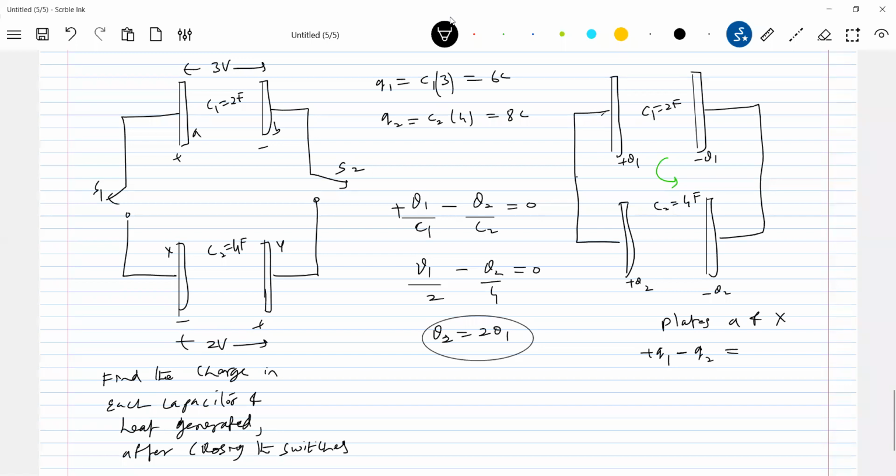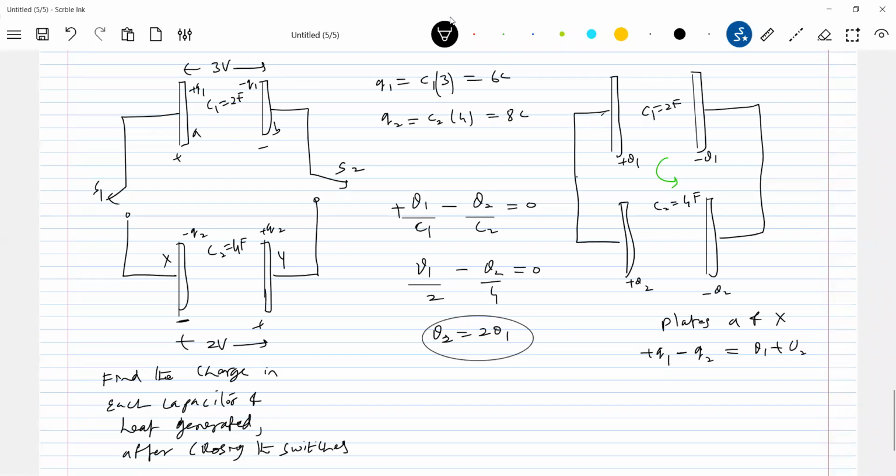You look at the polarity, it's negative, no? So this will be the initial charge, minus Q1 plus Q1, this will be Q2. Finally, plus Q1 plus Q2.